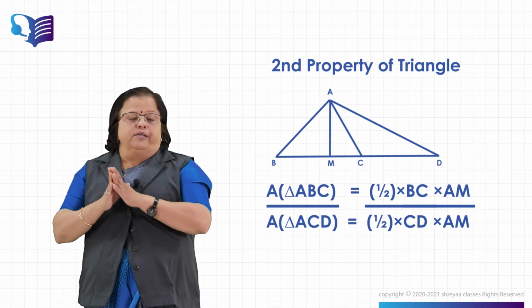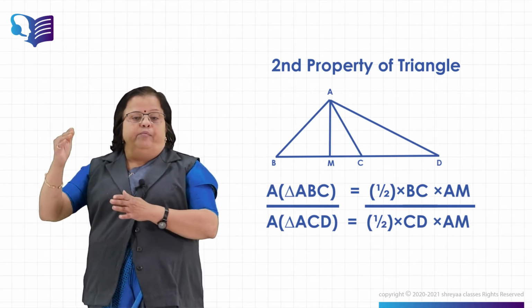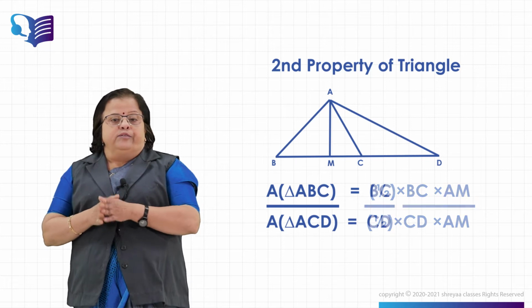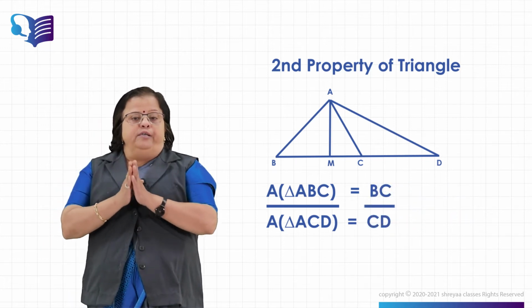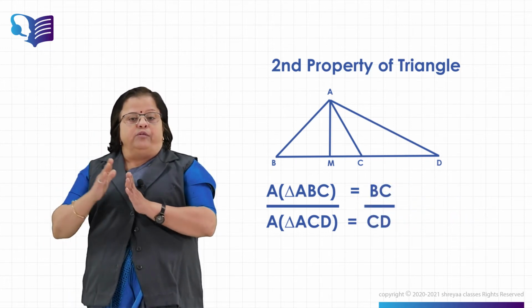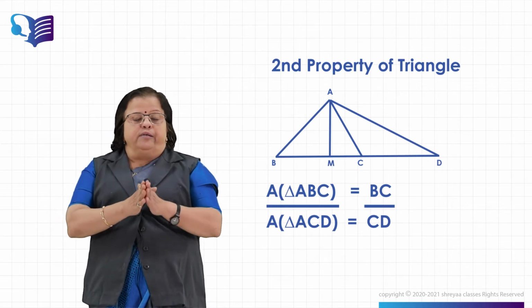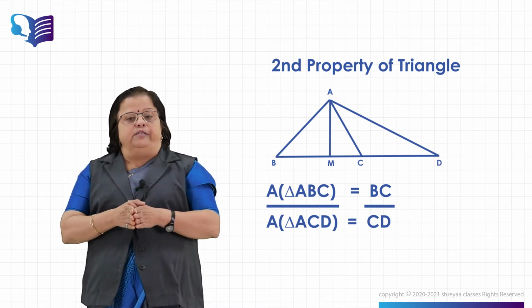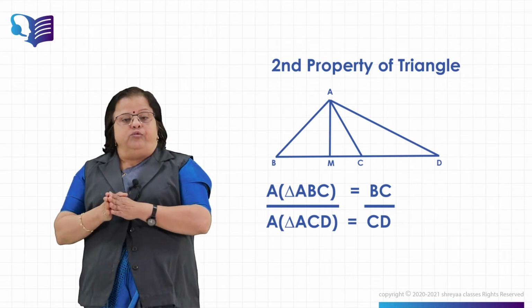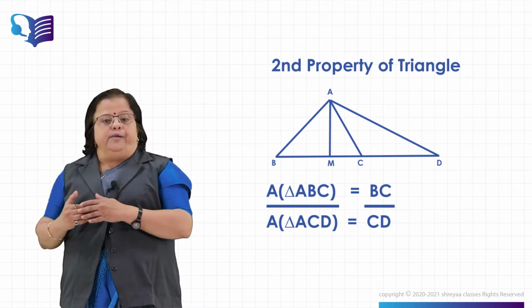The 1/2 gets cancelled. AM and AM get cancelled. So, what is left? BC upon CD on the right hand side. So, area of triangle ABC upon area of triangle ACD is equal to BC upon CD.